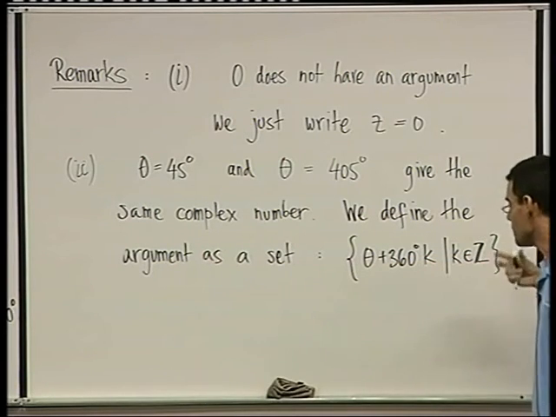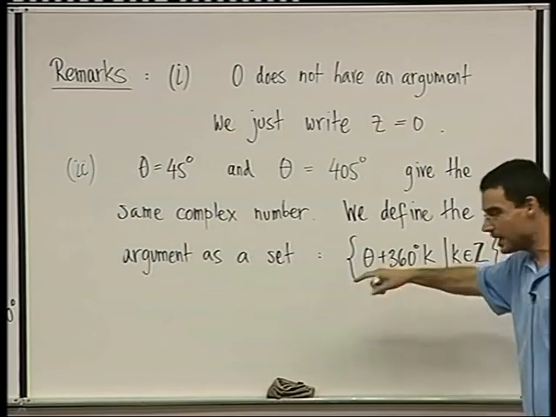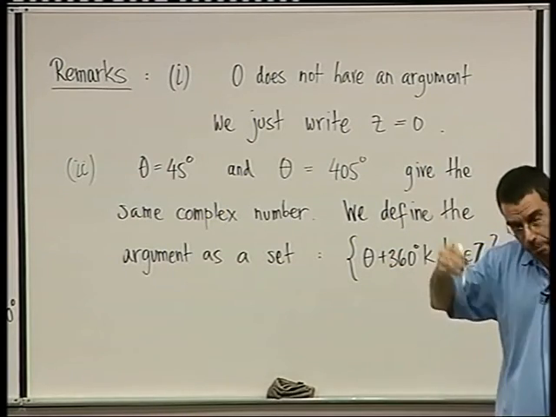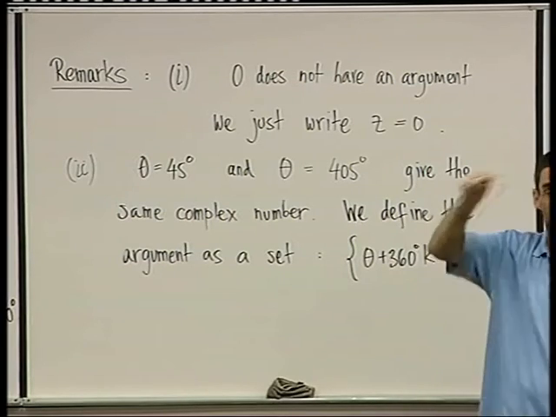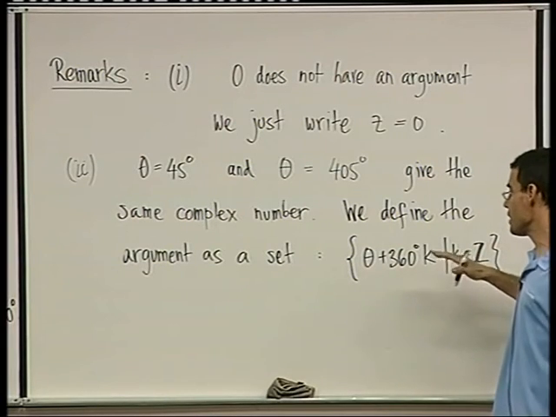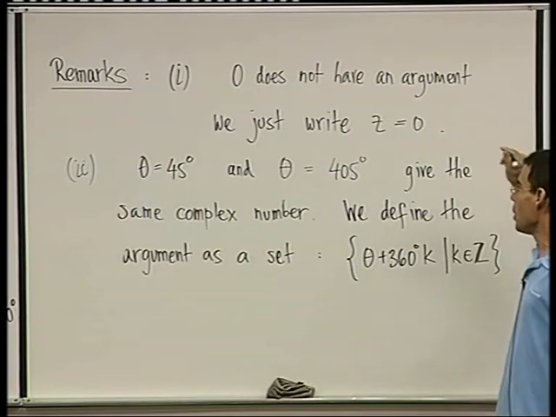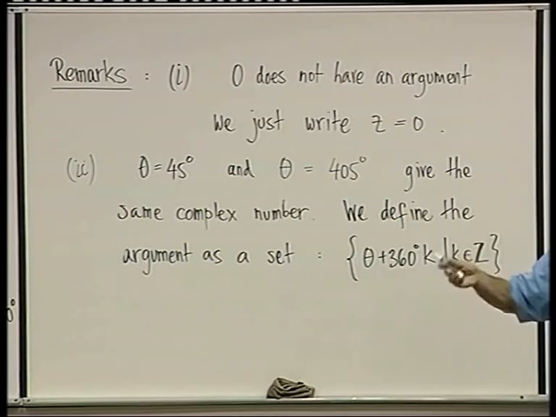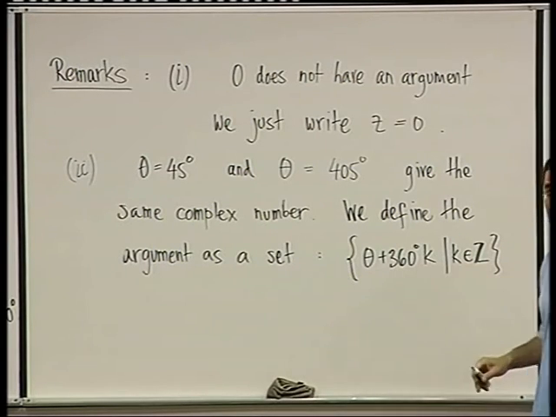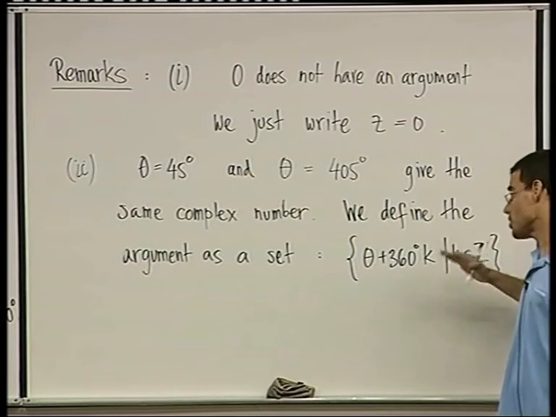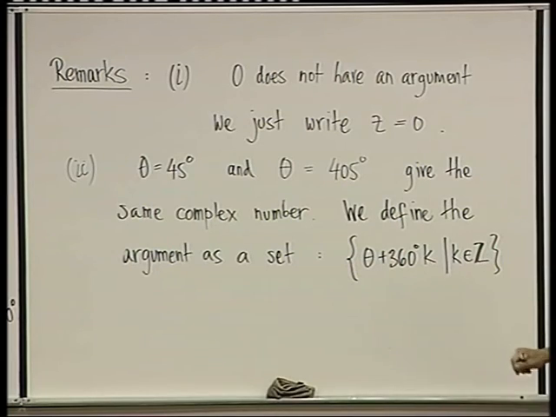So we think of the argument as a set of theta and all its multiples of 2 pi, either way, plus or minus, because k is allowed to be an integer. Okay, clear? Another way it could be done is whenever you see a number, always take the representative of this set which lies between 0 and 2 pi, or 0 and 360. That's also done in some resources. I'm mentioning it, but I'm going to usually think like this.